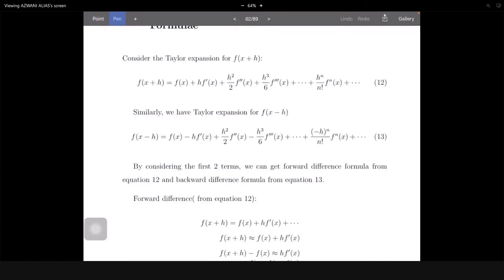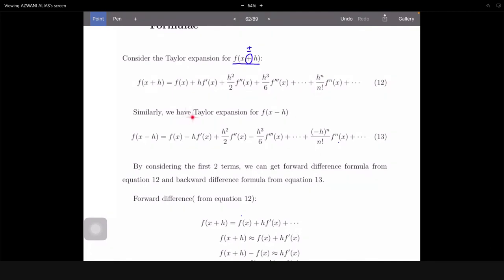Make sure you understand this. With the Taylor series, we can expand a function at x plus h or x minus h, depending on the plus or minus sign. If the function is f(x plus h), where h is the step size for each point, it is f plus h f prime plus h squared over 2 f double prime, which is the second derivative, and so on.